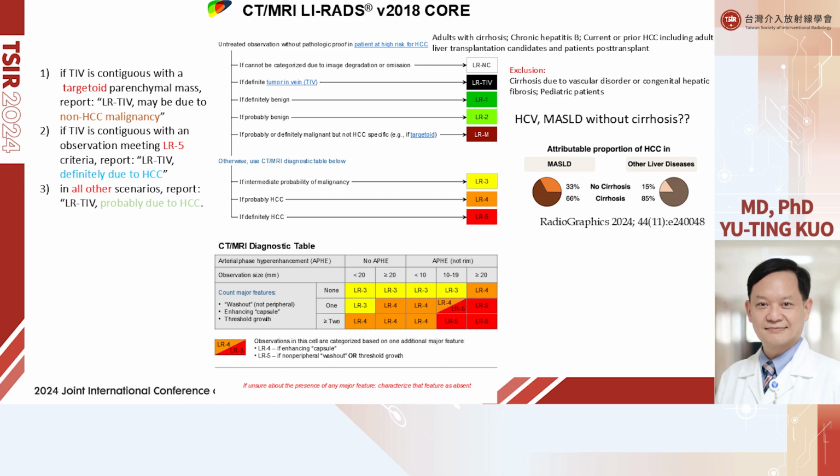But we should be careful about using LI-RADS in a particular patient group, such as patients at high risk for HCC only, which should be adults with cirrhosis, chronic hepatitis B, or current or prior HCC, including adult liver transplantation candidates or post-transplant patients.